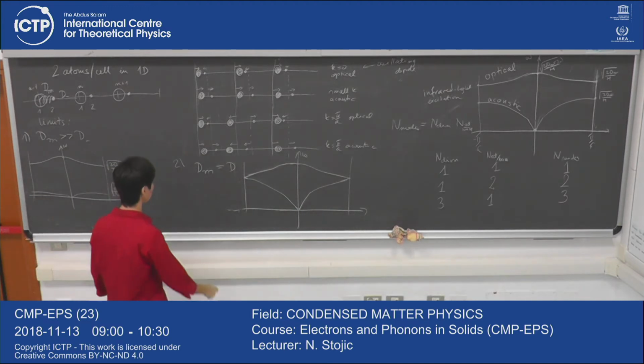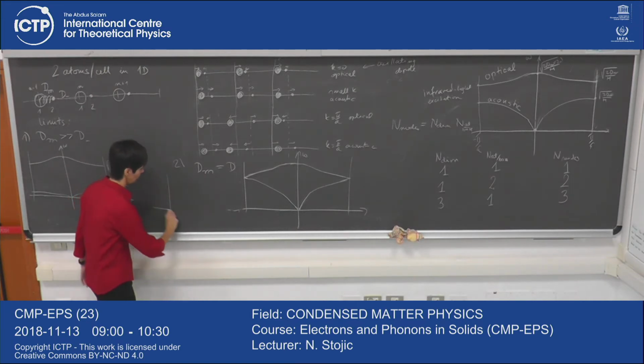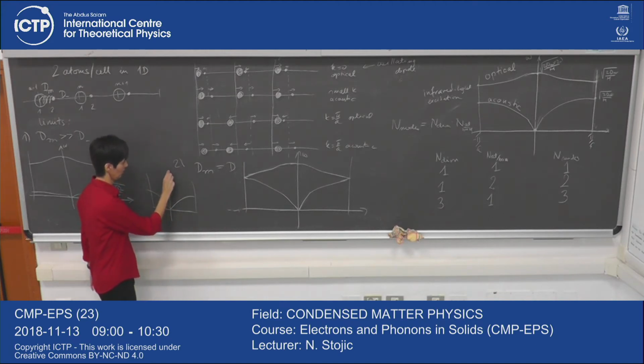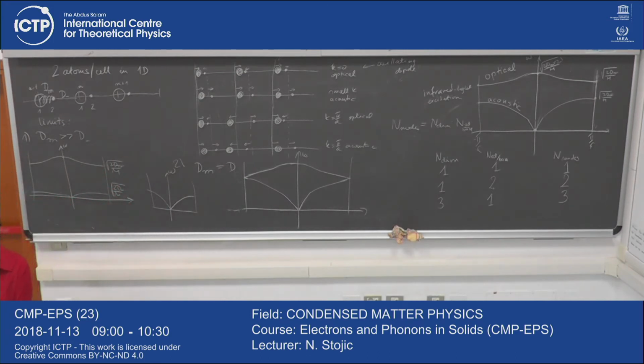But you remember last time we derived the same springs, the same masses, 1D. We derived it like this. Why don't we have the same? Because we have two atoms. You're too fast. I wanted everyone to think.